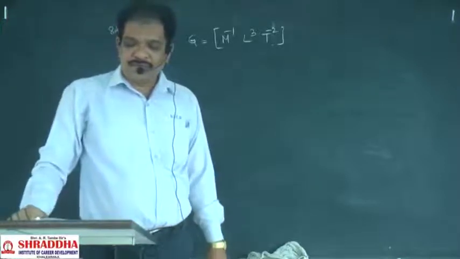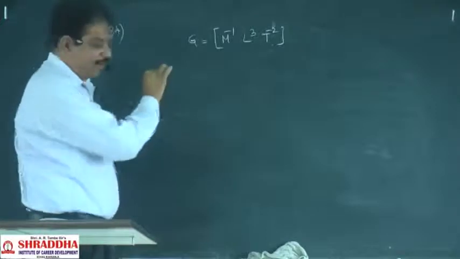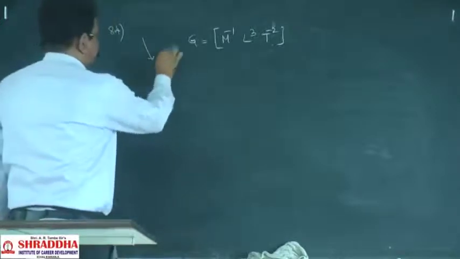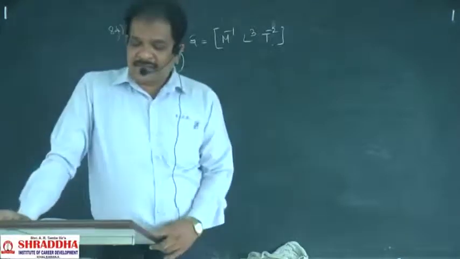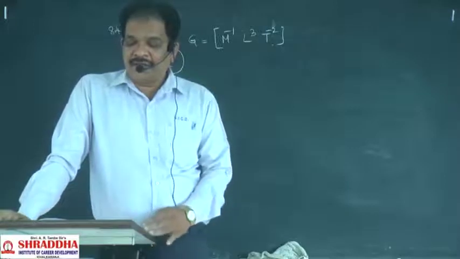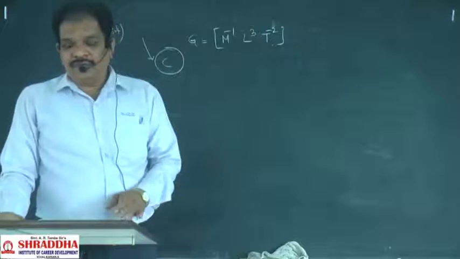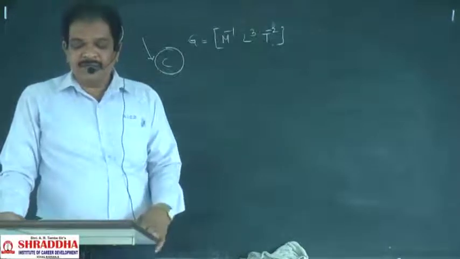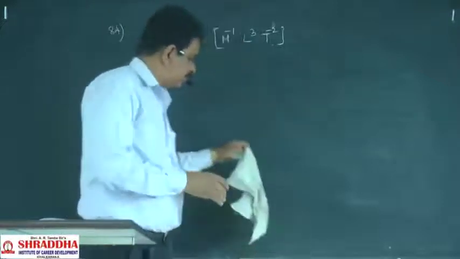So this answer will be 84 C. Clear? Next, 85. Surface tension of a liquid in CGS system is 45 dyne per centimeter. Its value in SI system is how much?